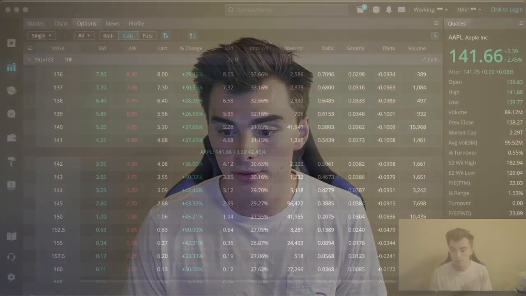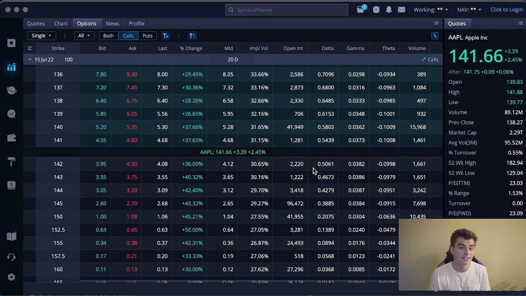When we look at the delta on this $142 strike for Apple, the delta is 0.5. So, all other things held equal, you would expect a 50 cent, or $50, increase in your options contract if the stock were to go up $1 after you bought the contract.